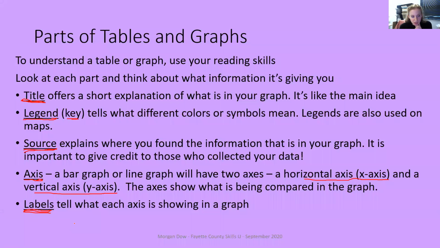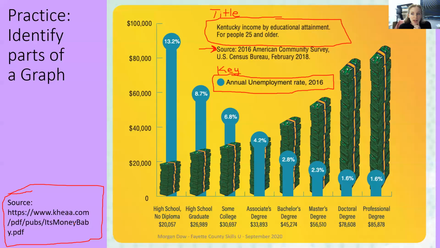Okay, so next, let's take a look at our two axes, and let's look for some labels here. So the horizontal axis, what information is the horizontal axis giving us? Well, the horizontal axis is about education level or education attainment, right?